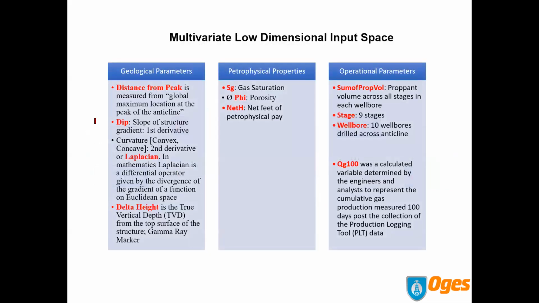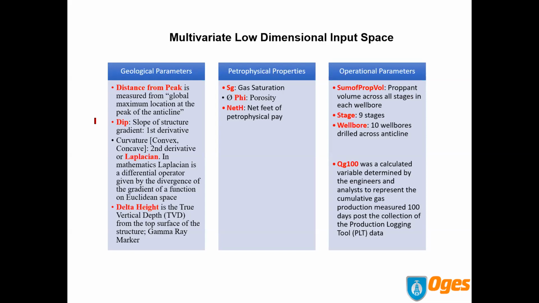This is a very interesting case study that is available, and I will share it as a Society of Petroleum Engineering paper that was written by Shell. I worked with these guys in Wyoming on an anticlinal structure, and this was presented at a conference in Florence on using different types of geological data, petrophysical data and operational parameters.